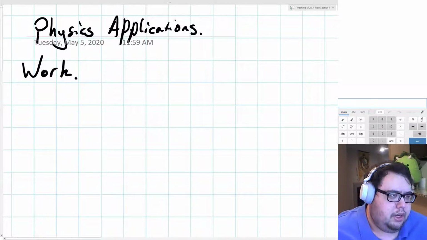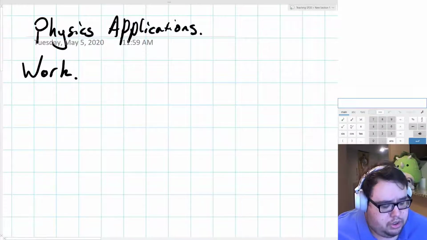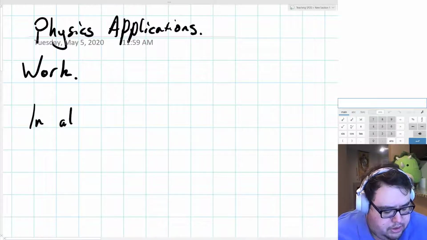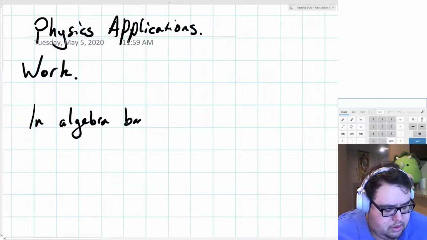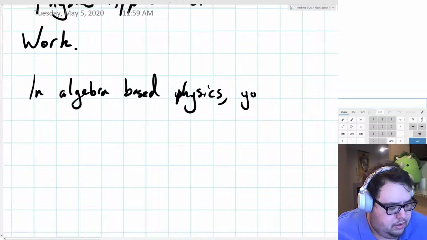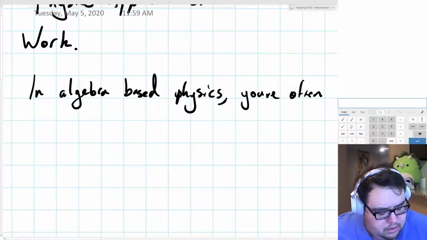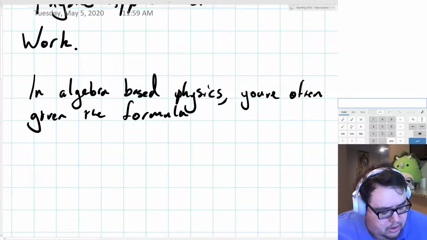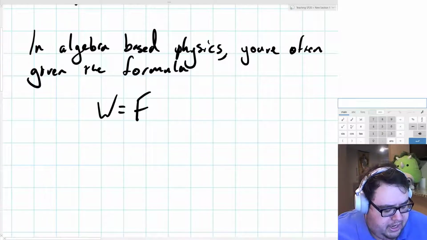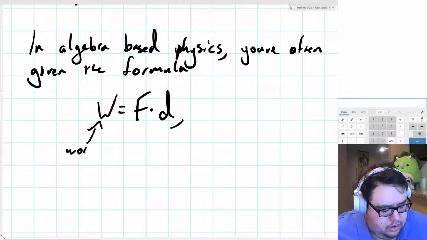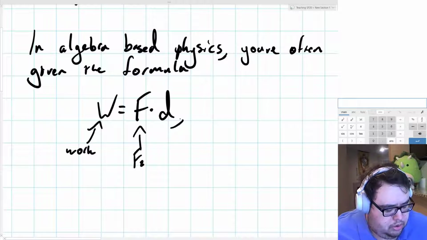In a standard first course in physics, like an algebra-based physics course, you're often given the formula W is equal to F times D, or work is a force over a distance.